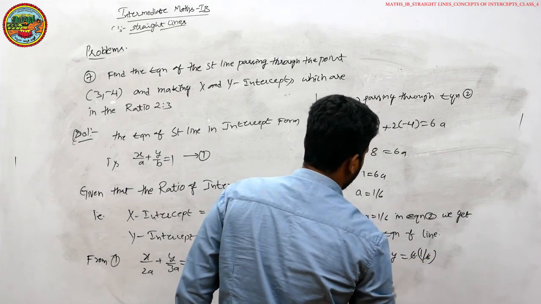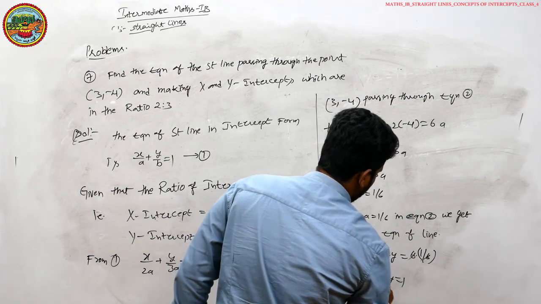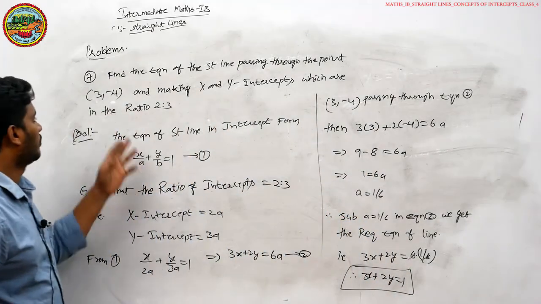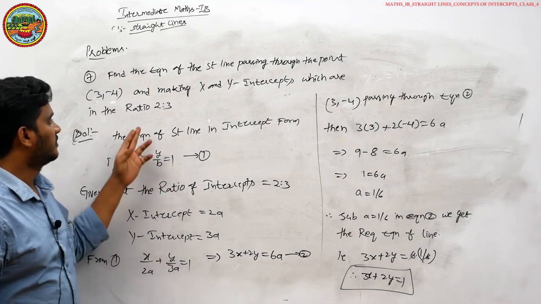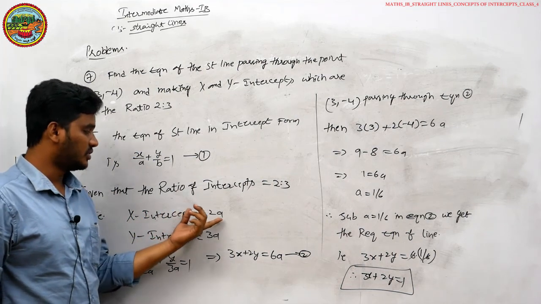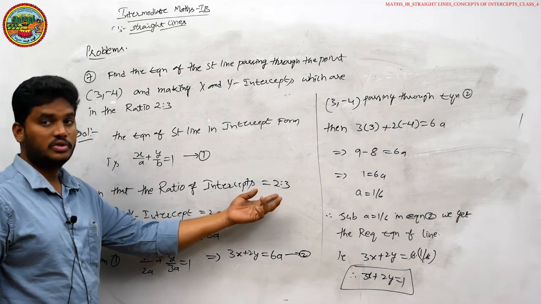Here 6 gets cancelled. Therefore 3x plus 2y is equal to 1 is the required equation of the line which passes through the point 3 comma minus 4 and makes x and y intercepts in the ratio 2:3. Here the x-intercept is taken as 2a and y-intercept as 3a because the ratio is given as 2:3.